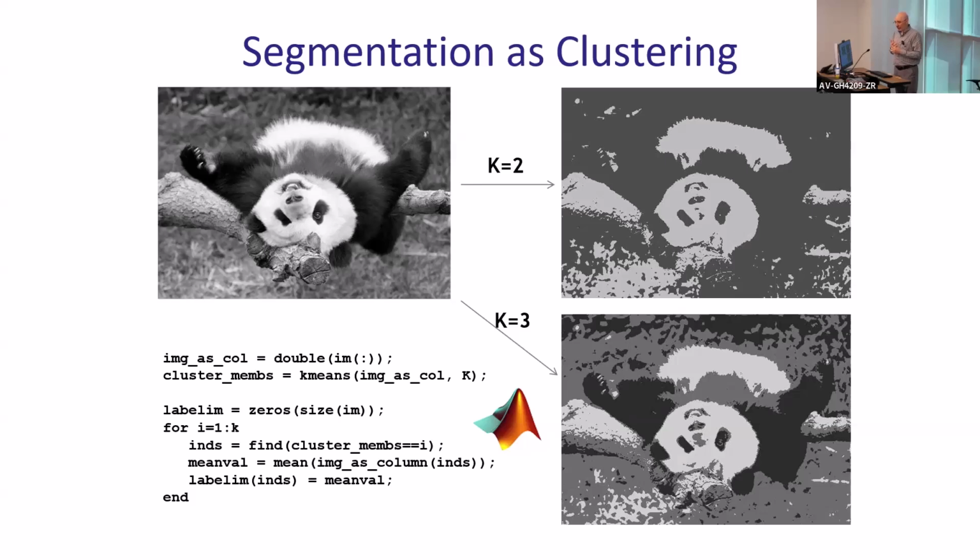And you can include in your vector of features not only intensities, but also x, y numbers. So pixels of the same kind will be clustered together because they are physically close to each other. So you have x, y, and intensity, 3 numbers instead of 1 number for clustering.